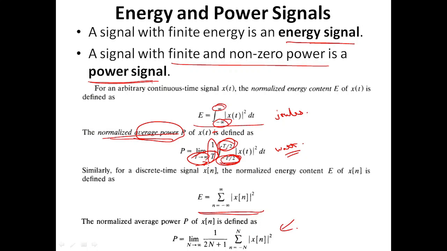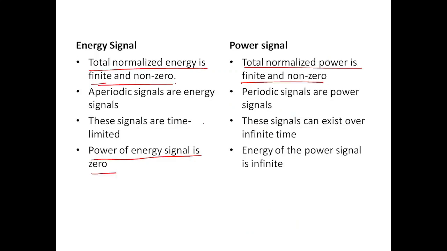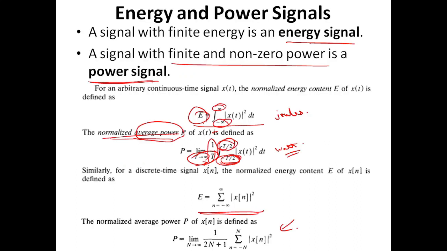Power signals are ever continuous signals, not time limited. On the other hand, when you talk about energy signals at time tending to infinity, the power comes out to be zero.